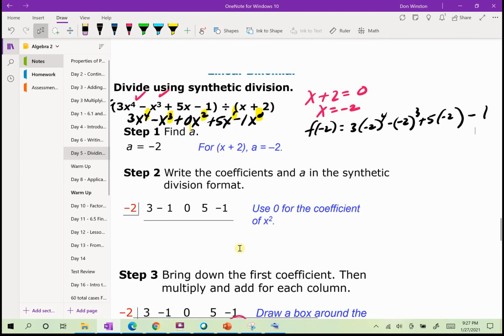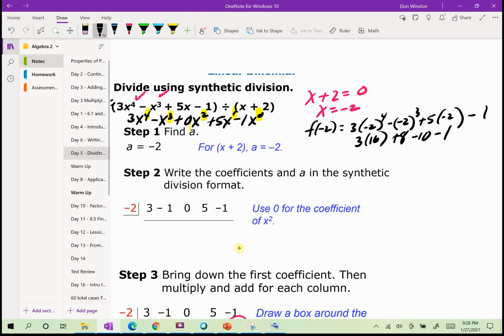What's negative 2 to the 4th? That's 16. So 3 times 16 is 48. Negative 2 to the 3rd, a negative raised to an odd power is negative, so that would be negative 8, but minus negative 8 gives me plus 8. Then 5 times negative 2 gives me negative 10, minus 1.